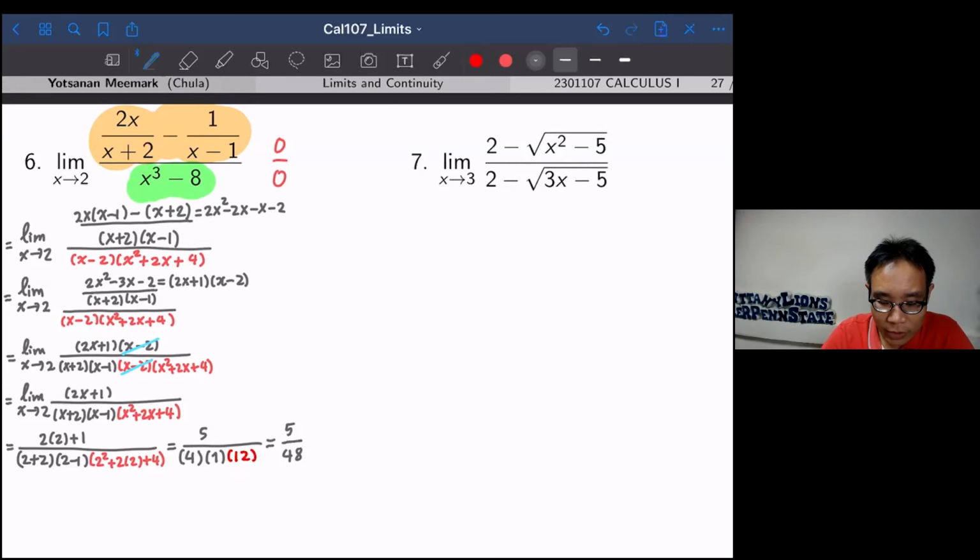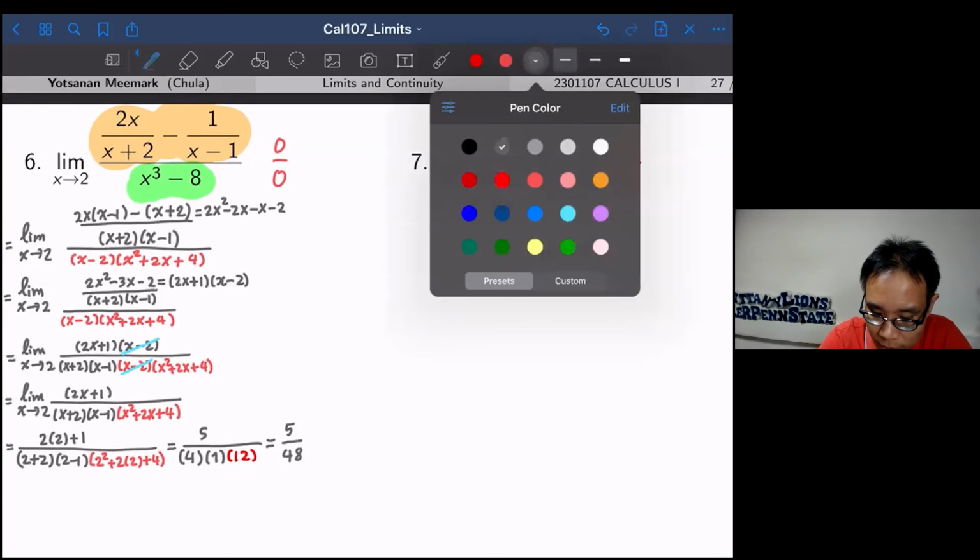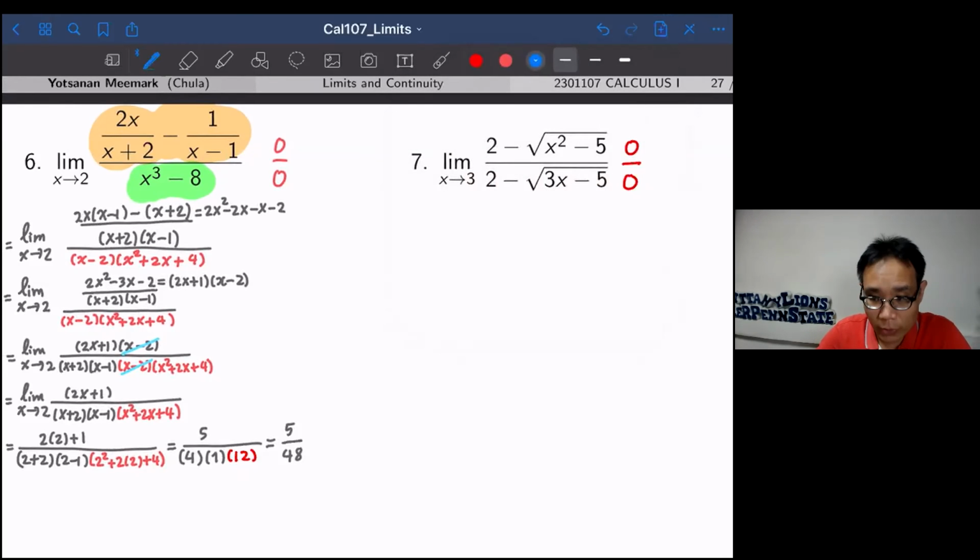When you plug x equal to 3 on top, it's going to give you 2 minus 2 equal to 0. And when you plug in x equal to 3 on the bottom, again, you're going to get 0 over 0. So for this question, you have to simplify.